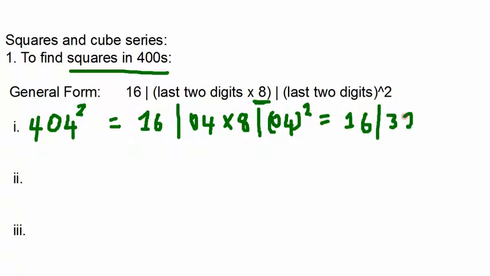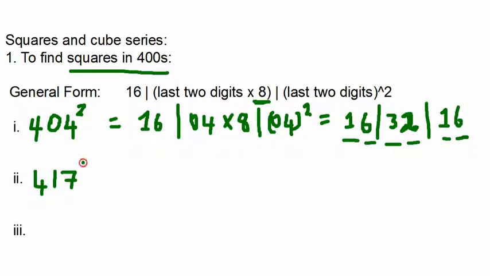So 404 square, once again a similar general form, just the first step and the second step will change. Here we multiply the last two digits with 8. So for 404 we get the answer as 16, 32 and 16. So 417 square. Once again 16, the last two digits are 17 of the given number, and multiply with 8.